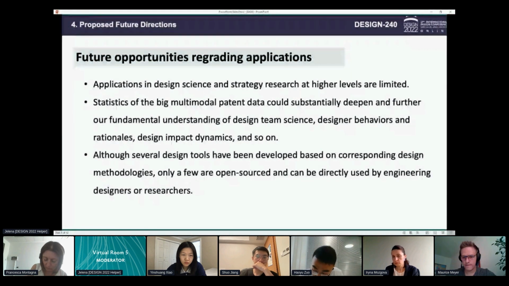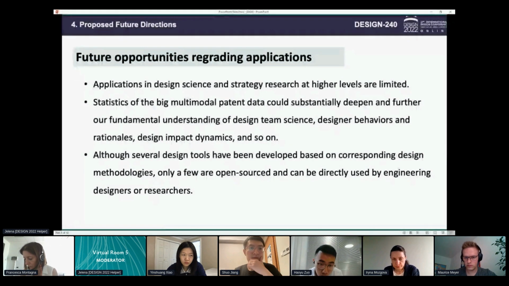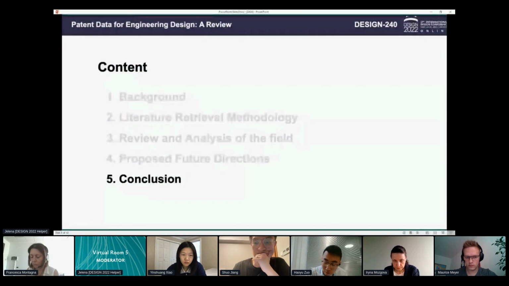Although several design tools have been developed based on corresponding design methodologies, only a few of them are open source and can be directly used by engineering designers or researchers. So we recommend the researchers to open their developed tools with a user guide, such as uploading the code on GitHub.